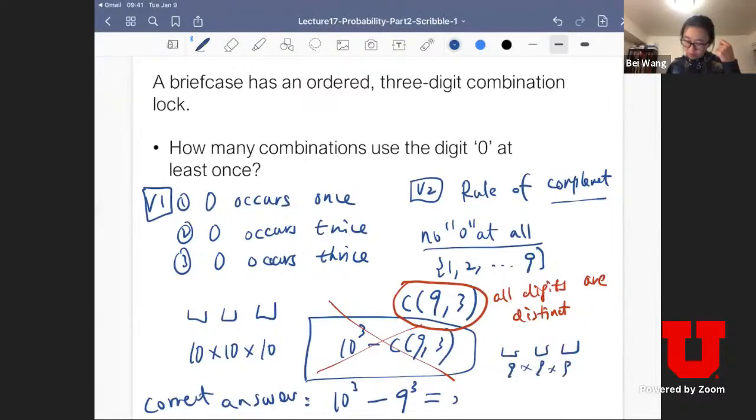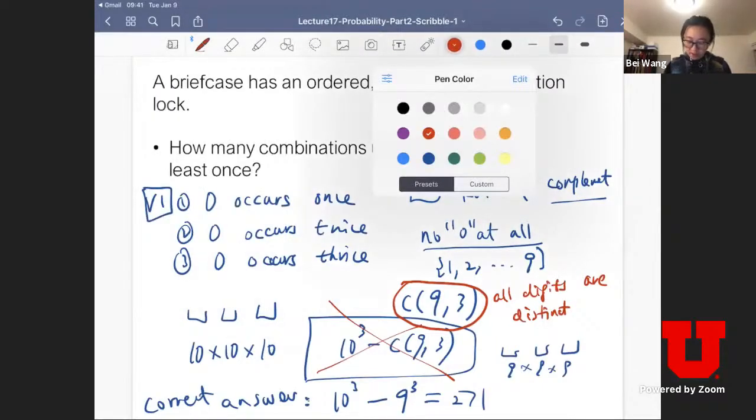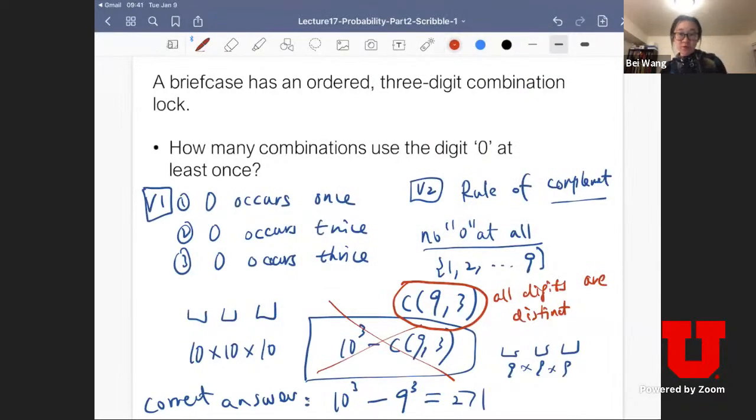So this is 271. The mistake I made is a common mistake for this problem, where I added a condition that is not part of the original problem.